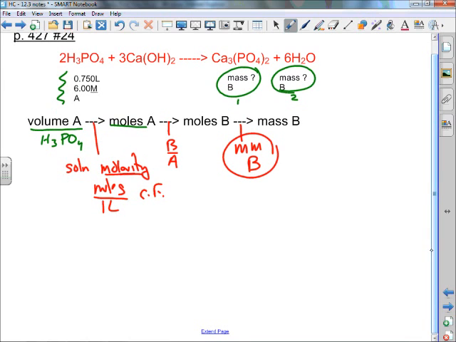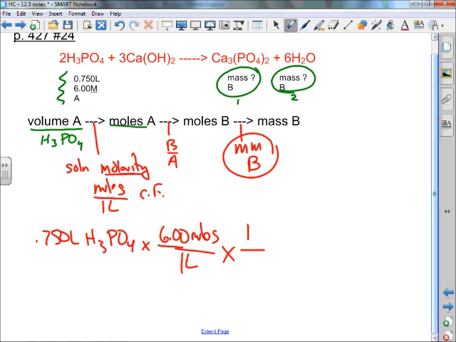So what would we do here? We would take 0.750 liters of H3PO4 times 6.00 moles per liter times B over A. I'll do calcium phosphate first, times 1 over 2 times the molar mass of Ca3(PO4)2.